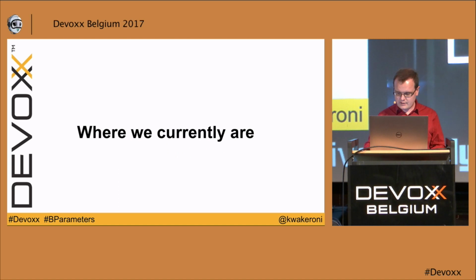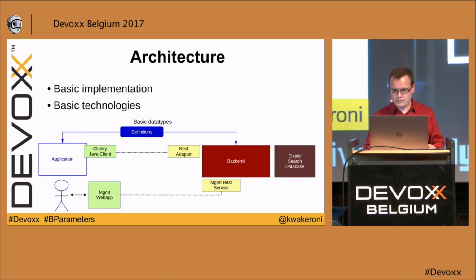Where are we currently? I'm afraid that's a bit less than what I showed you. So given the architecture, we basically currently have a very basic implementation. So we only support very basic data types.